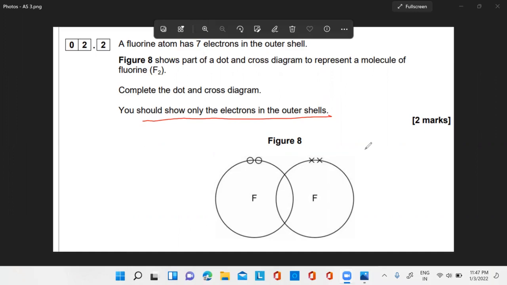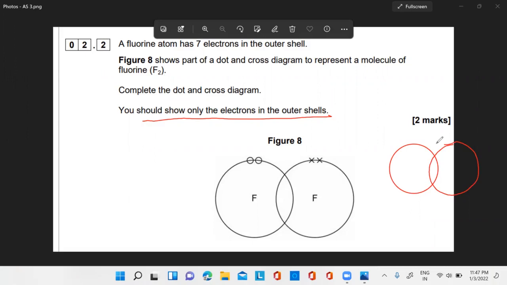So let's start. I would draw 2 circles, small circles. These are the 2 outermost shells of the fluorine atom.